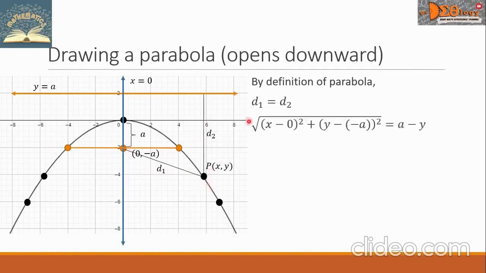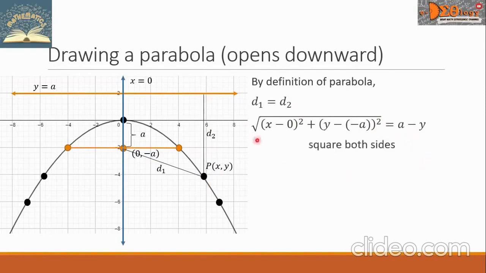So we have now the big square root of x minus 0, squared, plus y minus the negative a, which is also squared. And this is equal to d sub 2. Our d sub 2 again is the distance of this moving point away from the line, and this is a perpendicular distance, and the distance is a minus y.